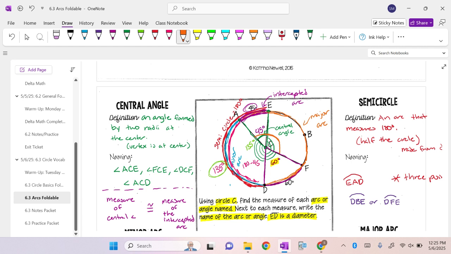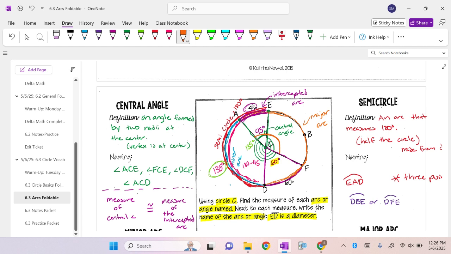195 from 360. Where'd you get 195? We're looking for ACF, right? So we already know that ADF, not ADF, sorry, ACF, but on the other side? Yep.